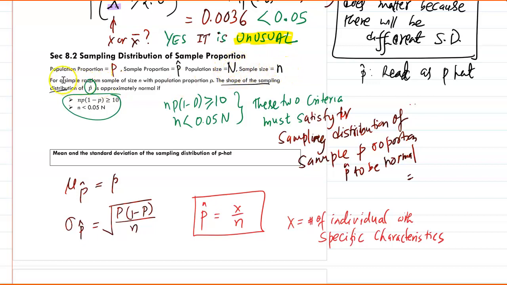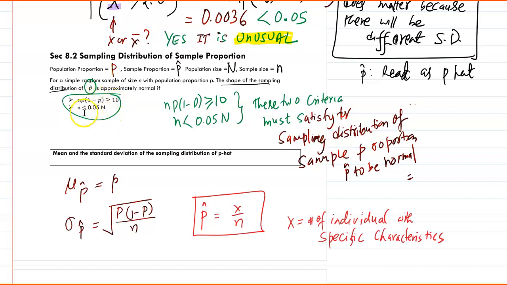For a simple random sample of size n with the population proportion p, the shape of the sampling distribution of p hat is approximately normal if these two criteria are satisfied. What are the two criteria? n times p, the population proportion, times 1 minus p is greater than or equal to 10.